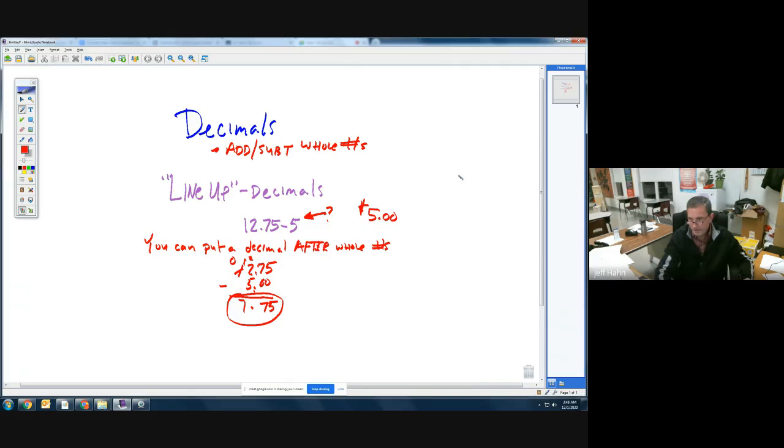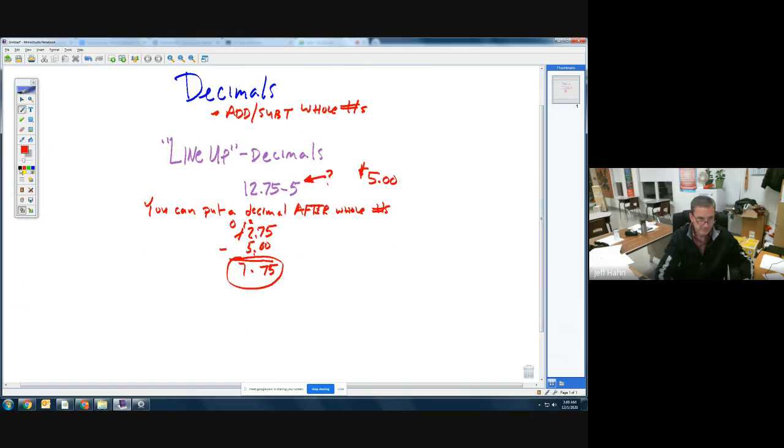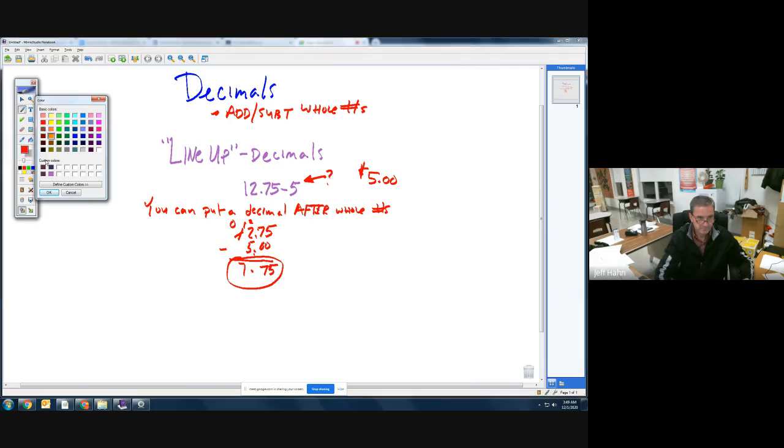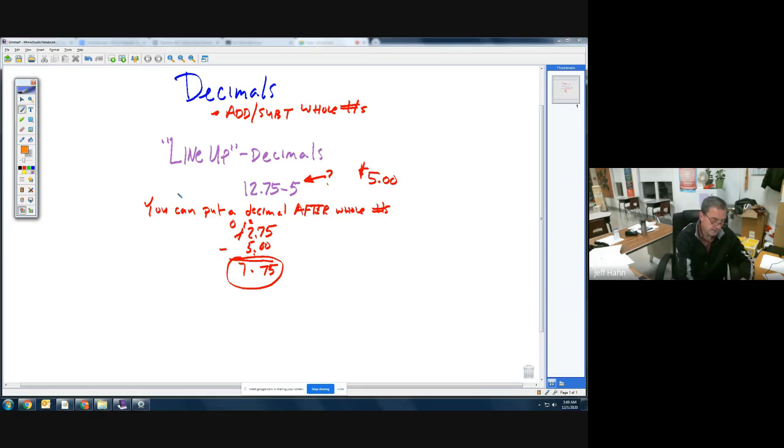Another example of this might be, let's change flavors here. Let's say you have 3 plus 7.92. Well, 3 doesn't have a decimal, but you can put one in it. It always goes at the end of it, and you can add as many zeros as you want. Since 7.92 has two decimal places, I'm going to put 2 zeros in there.